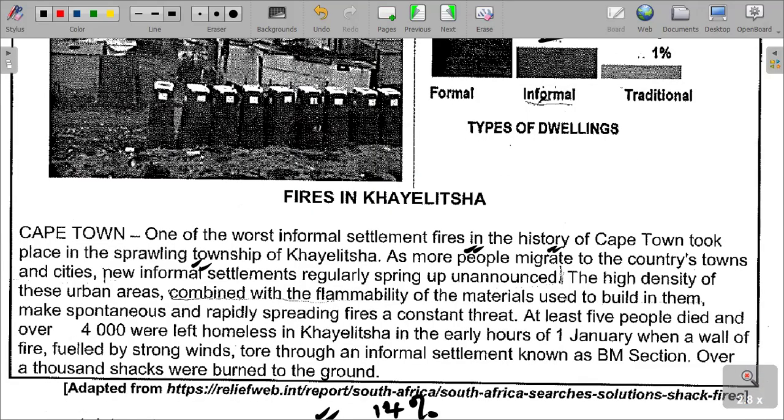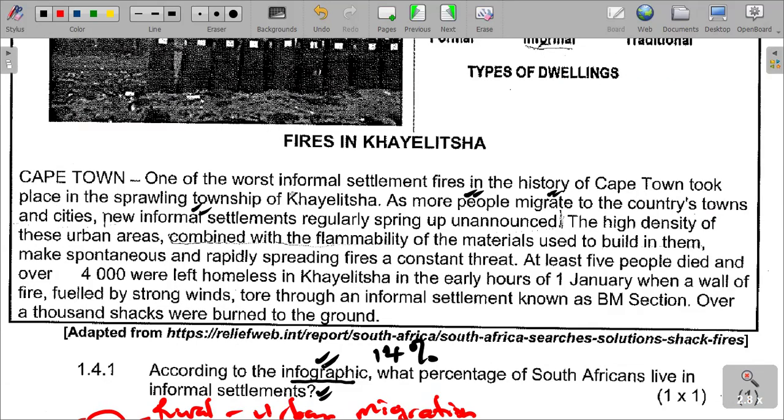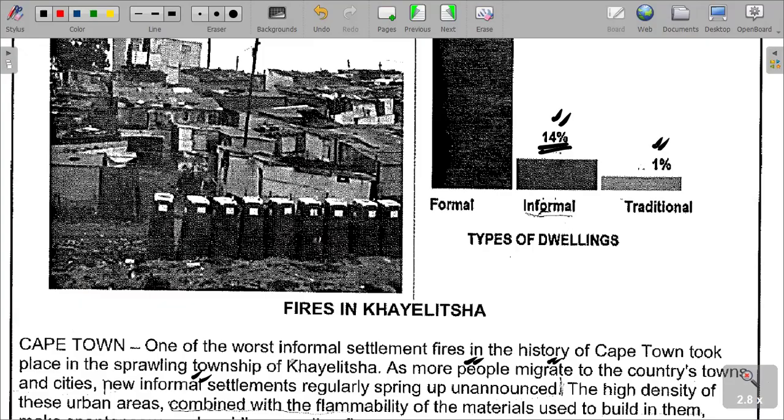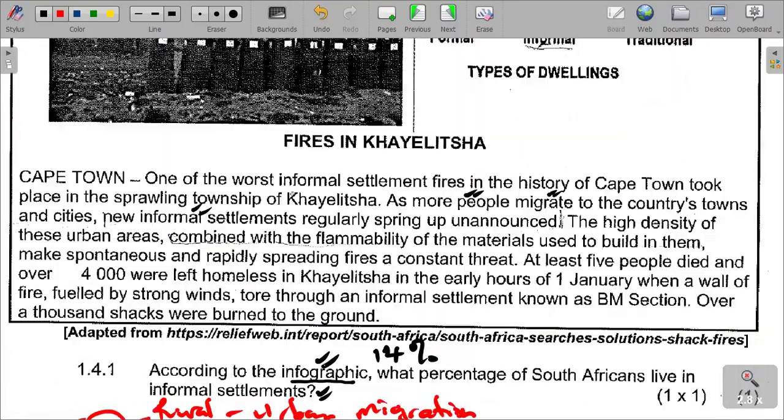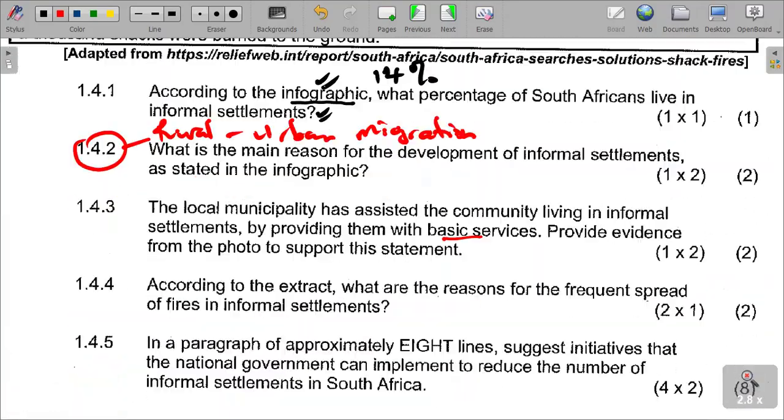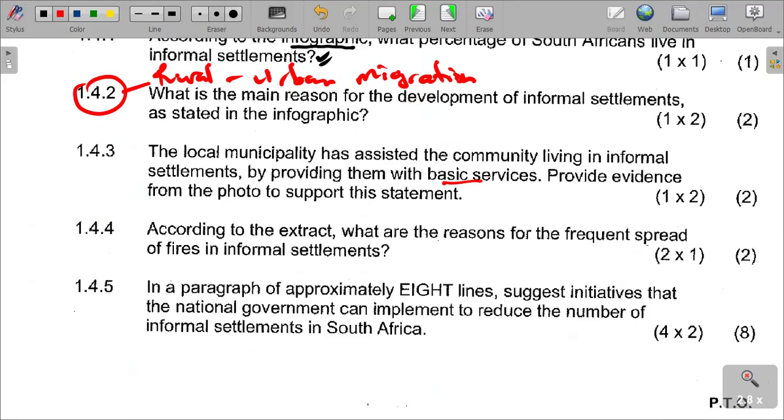The high density urban areas combined with flammable materials make fires spread rapidly. At least people died, 4,000 were left homeless, and thousands of shacks were burnt to the ground. So the local municipalities assisted the community in informal settlements by providing them with basic services.